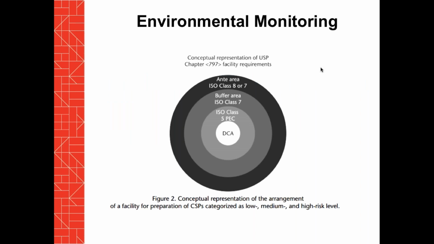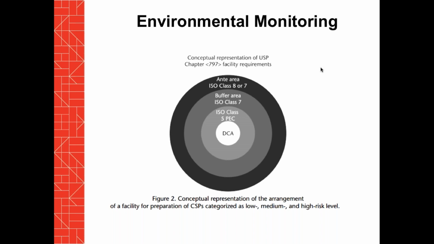This next slide is a good diagram that's in USP 797. It gives a good conceptual representation of the arrangement of a facility for compounded sterile products. That's the DCA, or direct compounding area, and then you see class 5, which represents the primary engineering controls.